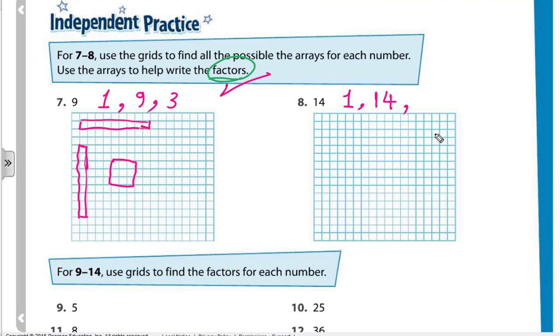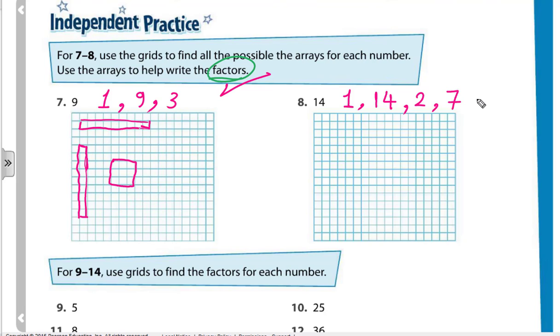What else gives me 14? 7 multiply 2. Okay, so 2 and 7. Do you have any more? No, that's all.